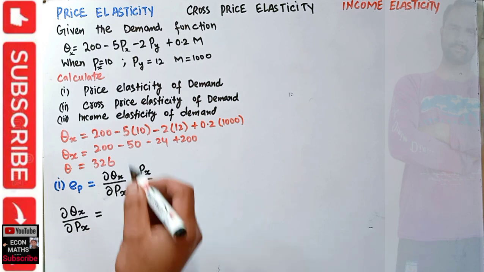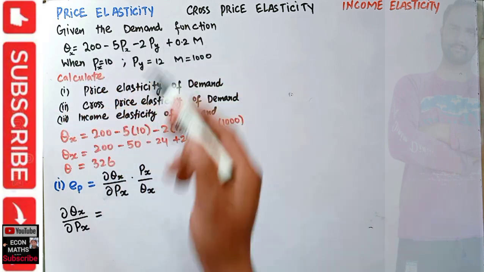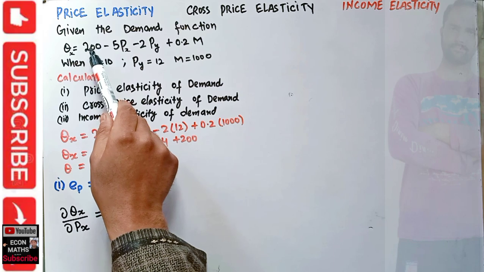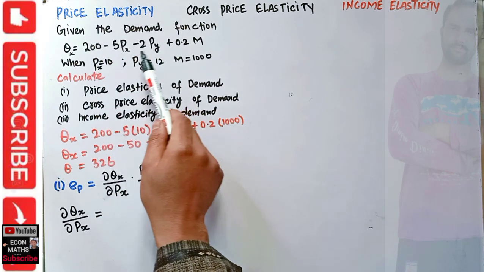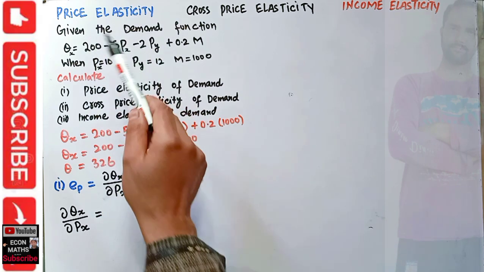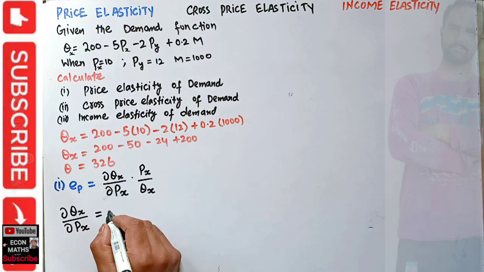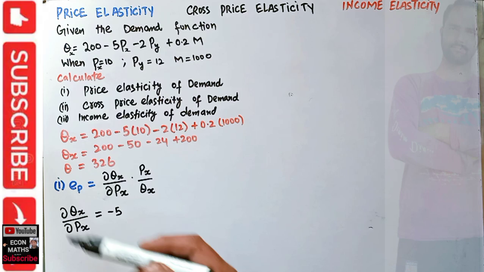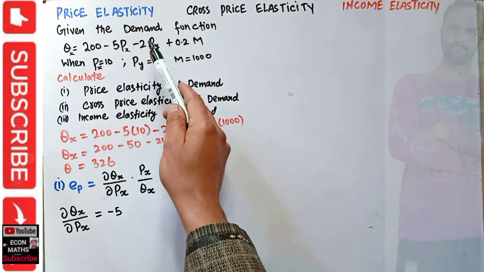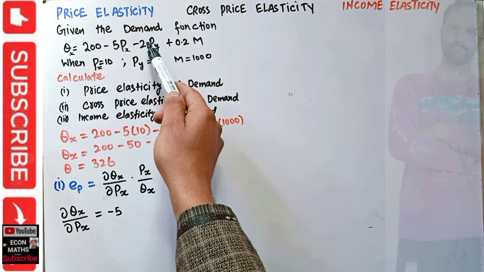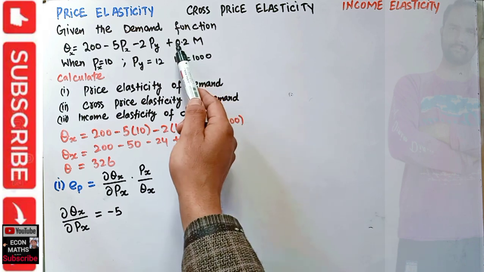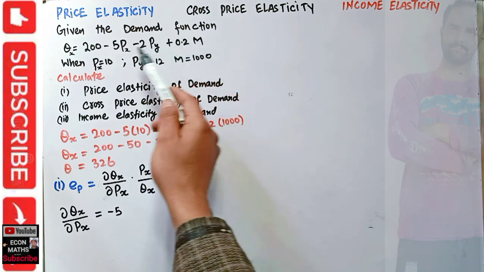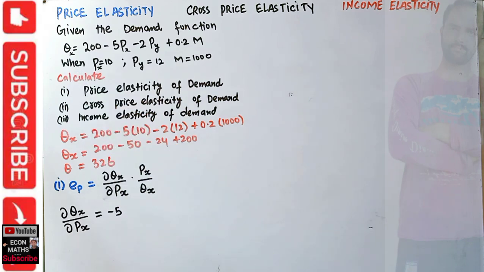The derivative of a constant is 0, the derivative of px will be 1, so we will be left with minus 5. The derivative of the other terms will be 0, because we are taking the partial derivative with respect to px, so they are assumed constant.